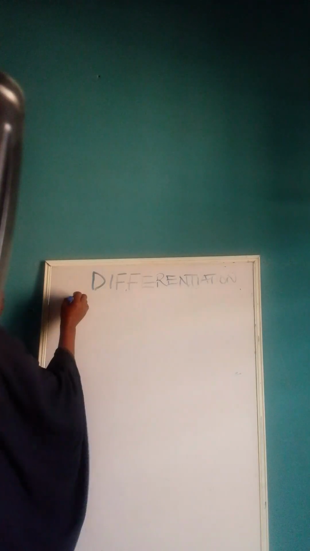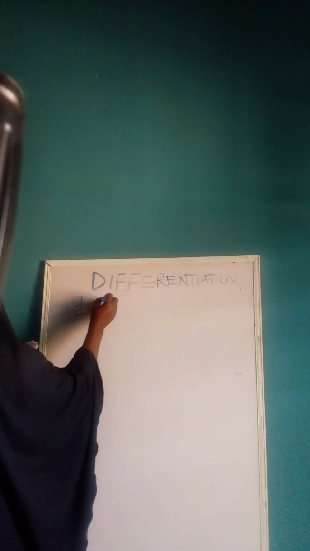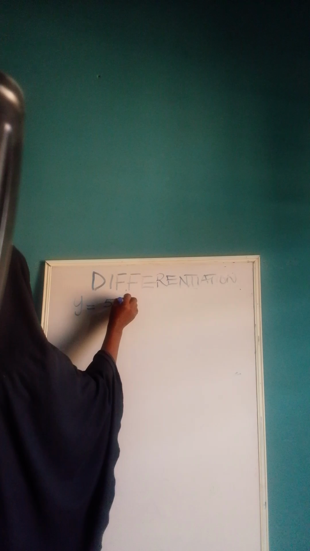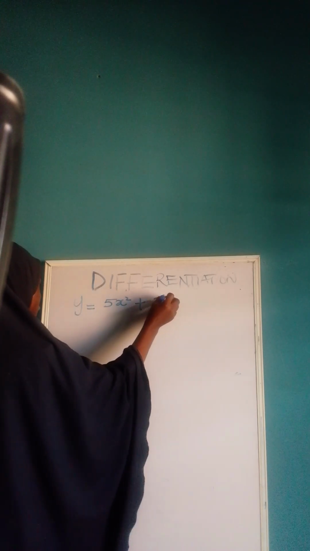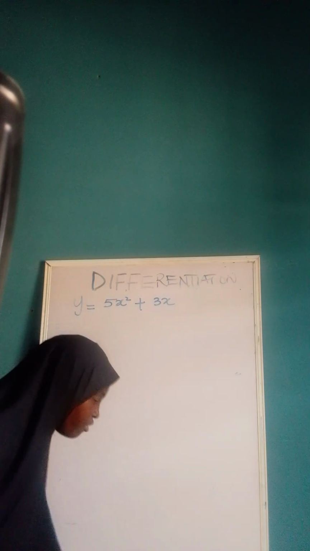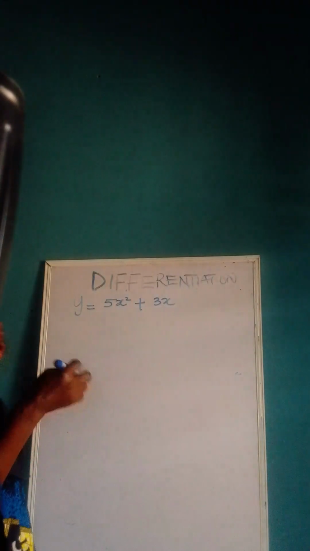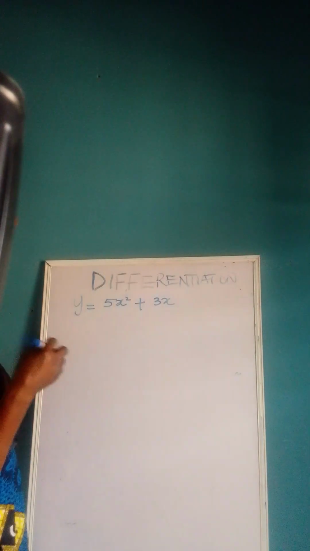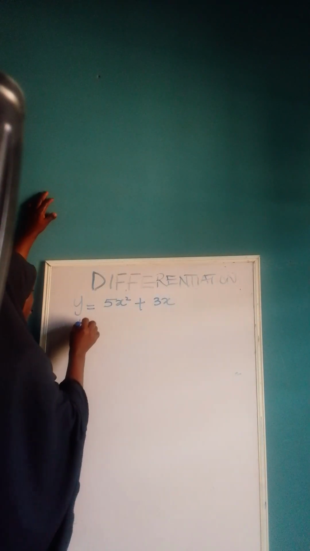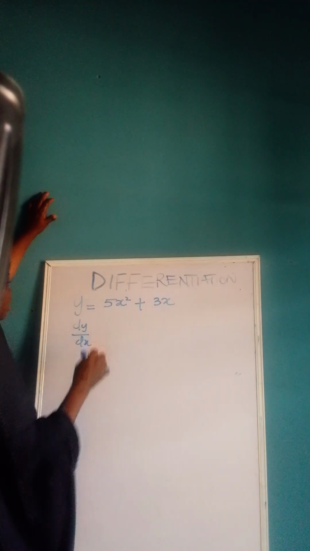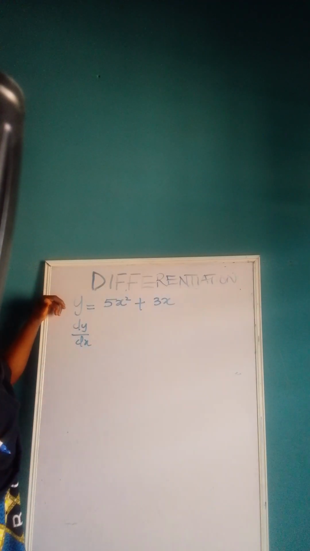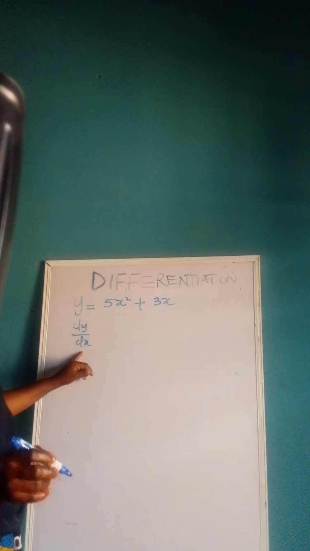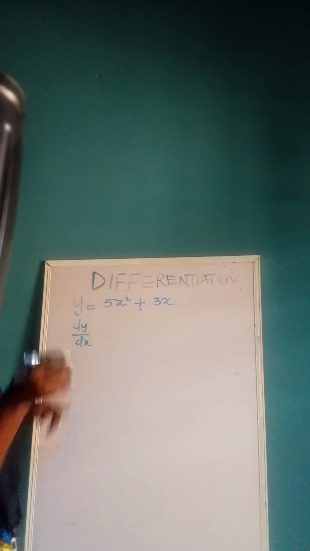For instance, assuming you are given that y is equal to 5x squared plus 3x, how will you find the derivative? It's as simple. What you have to do is just write dy over dx. So it will not be the original form again, and immediately you write the dx, it means that you've already started the process.